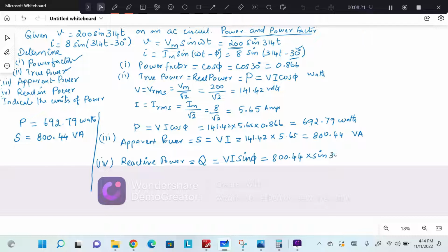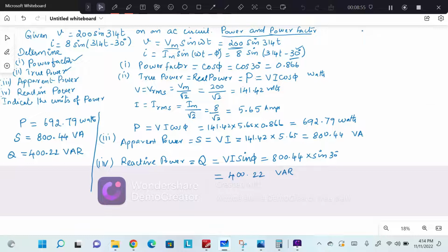So sine of 30 degree into 800.44, which you will be getting as 400.22. The unit of this reactive power is VAR, that is volt ampere reactive. So let me write here Q. Q is given as 400.22 volt ampere reactive. So this is what is asked in this numerical.